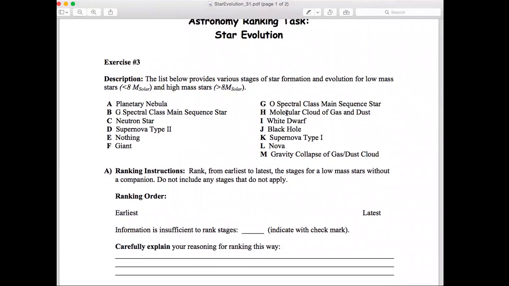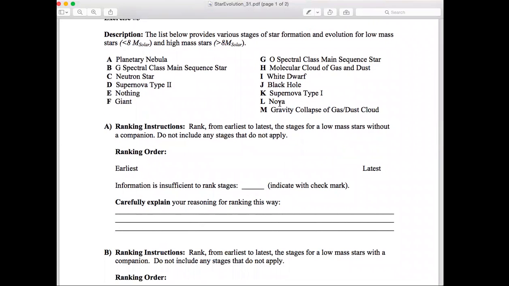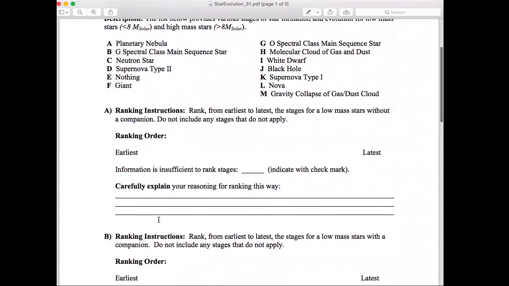H, M, B, F, A, I, and then you go to L, Nova. And then K. So if the white dwarf has a companion, it can go nova. Yes, I know. So B is if it has a companion.